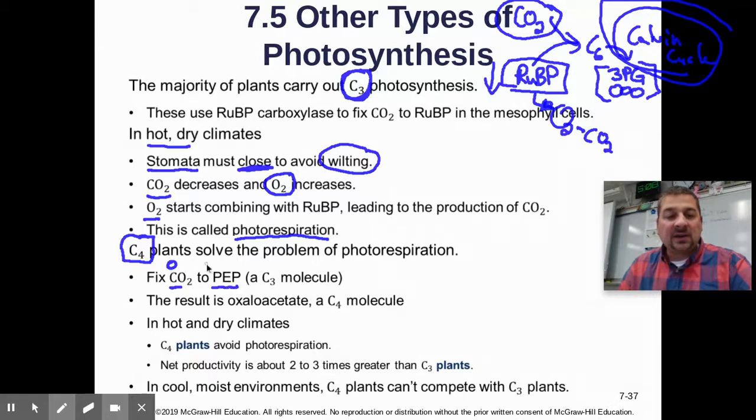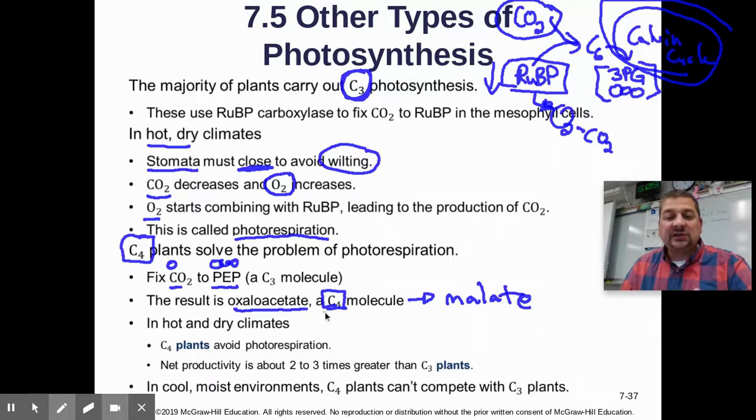So here's a carbon, here's 3 carbons. You combine them together, which makes oxaloacetate, which is a C4 molecule, and then it is stored as malate. And this helps the C4 plants avoid photorespiration.